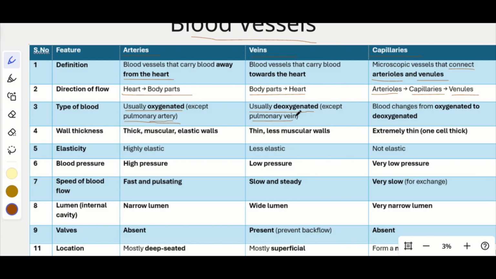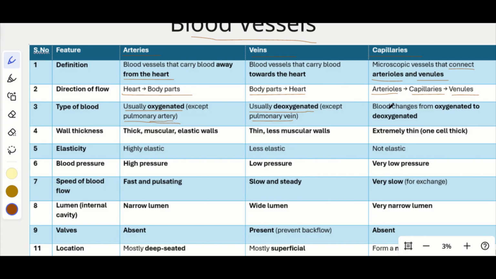We will discuss this again in double circulation in the coming classes. The pulmonary artery carries deoxygenated blood from the heart to the lungs, and the pulmonary vein carries oxygenated blood from the lungs to the heart.